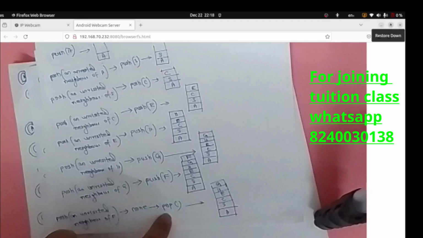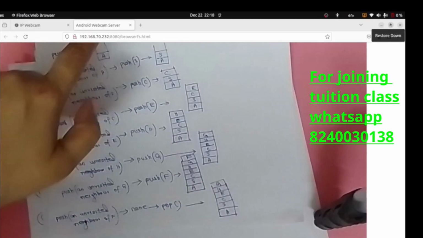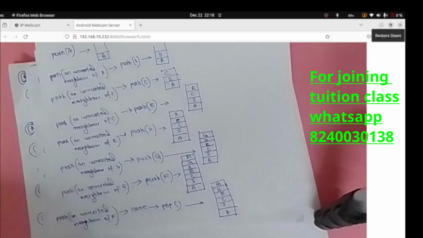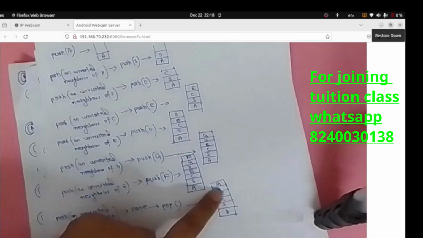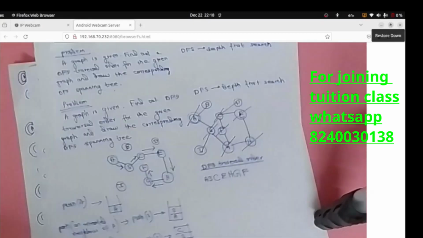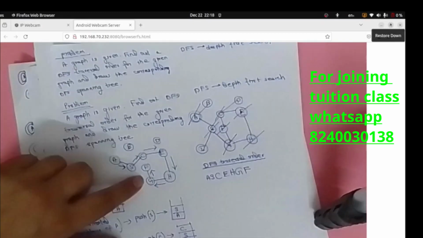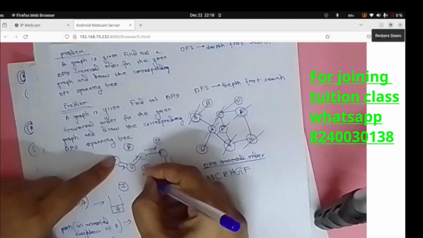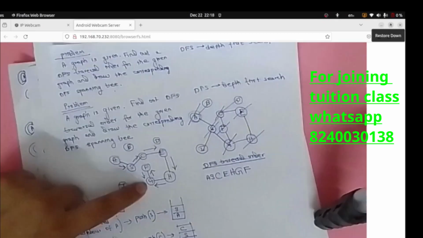In this DFS spanning tree, there will be the backtrack operation from F to which item? From F to G, which is the current topmost element. So from F to G, the current vertex was F, and we will now backtrack from F to G. So there is a movement from F to G, backtrack movement.